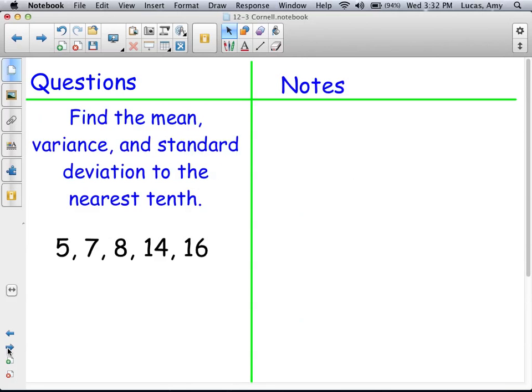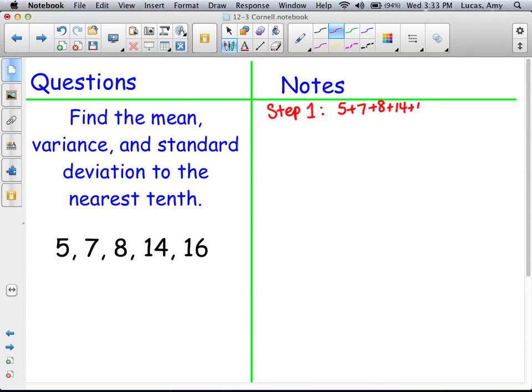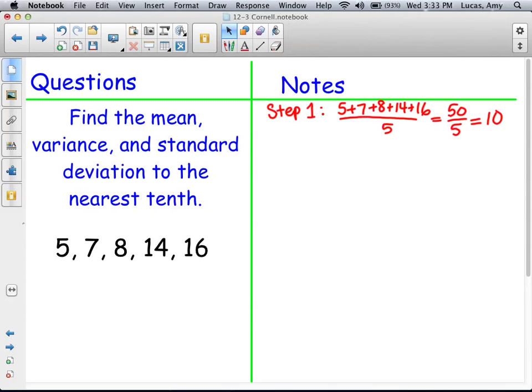Okay, step 1. Find the mean. So add up the numbers. This time we've only got 5. When I add them up, I get a nice number, 50 divided by 5 is 10.